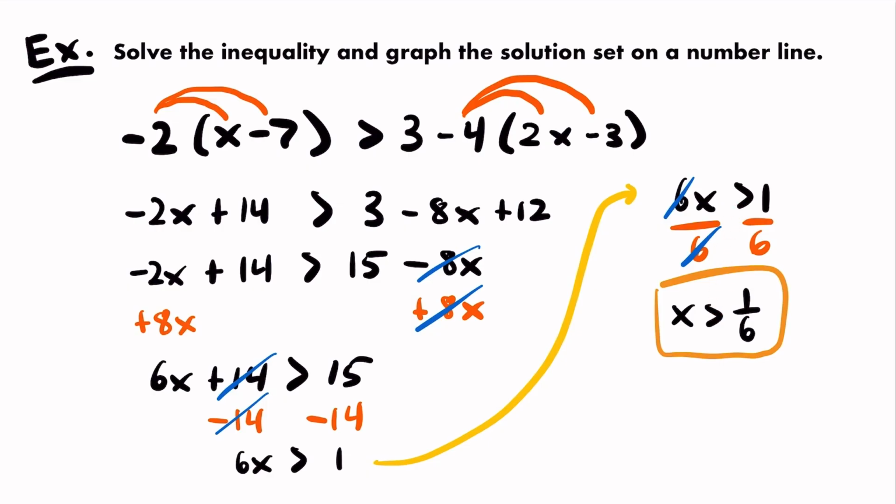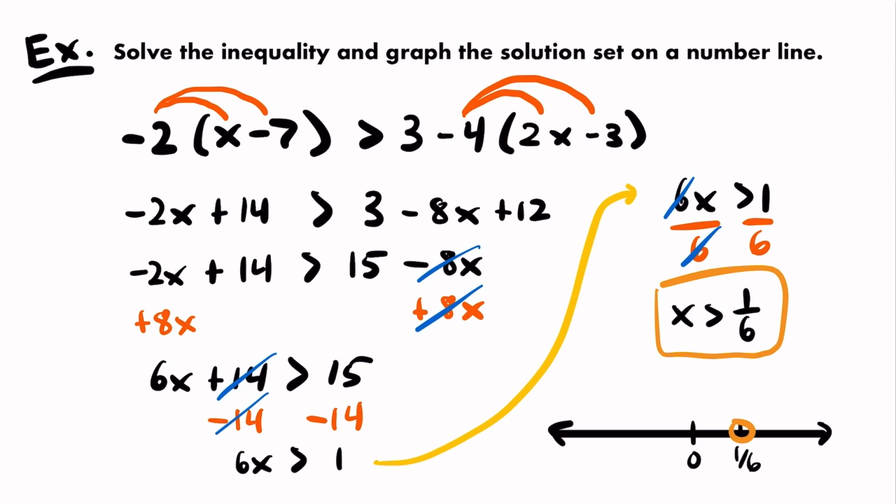Okay, but we still have to graph this solution set. So let's draw a number line. Once again, I will let the middle be 0, and positive 1/6 is just a little bit bigger than 0. So I'll put it right here on the number line. That will represent 1/6, but then that value is not being included in the solution set, right? X is just greater than 1/6, not greater than or equal to.